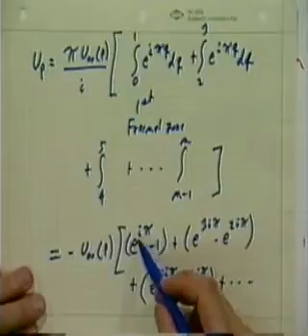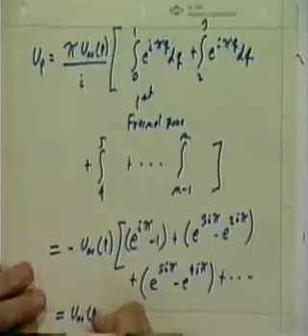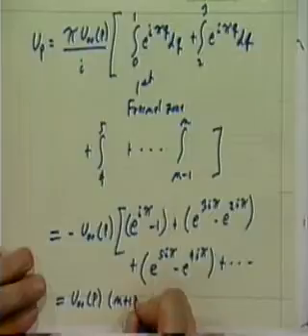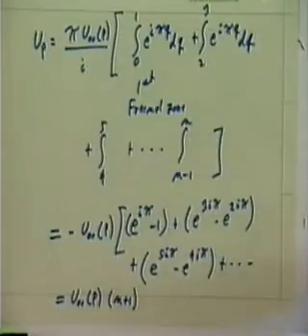Now this becomes pretty nice. All these are 1s or minus 1s. And so what we have here is u double zero of p times n plus 1. That's kind of nice.